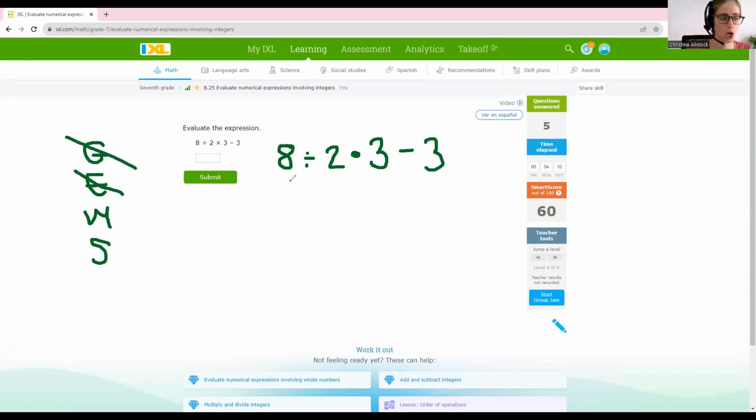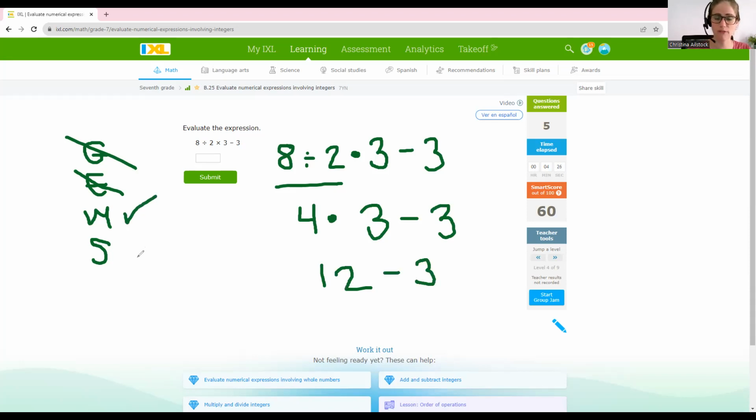So we're going to start with 8 divided by 2. And that gives us 4. And we're going to bring everything else down. Now we can do 4 times 3, which is 12. And then if we get to our final step, adding or subtracting, 12 minus 3 would give us an answer of 9.